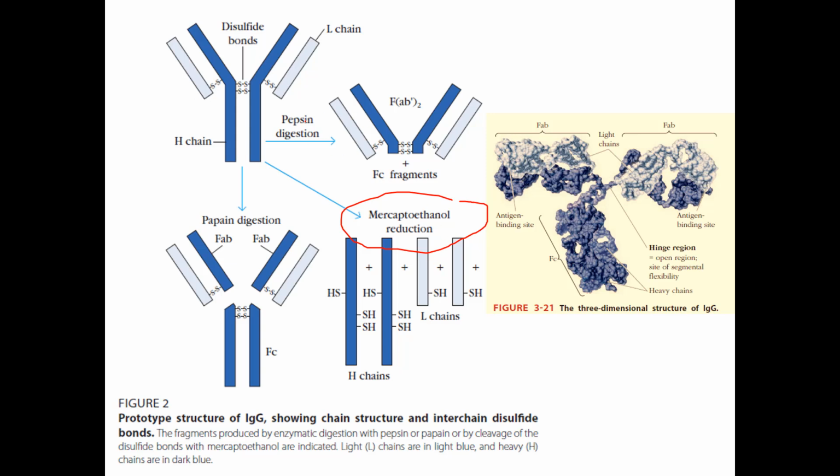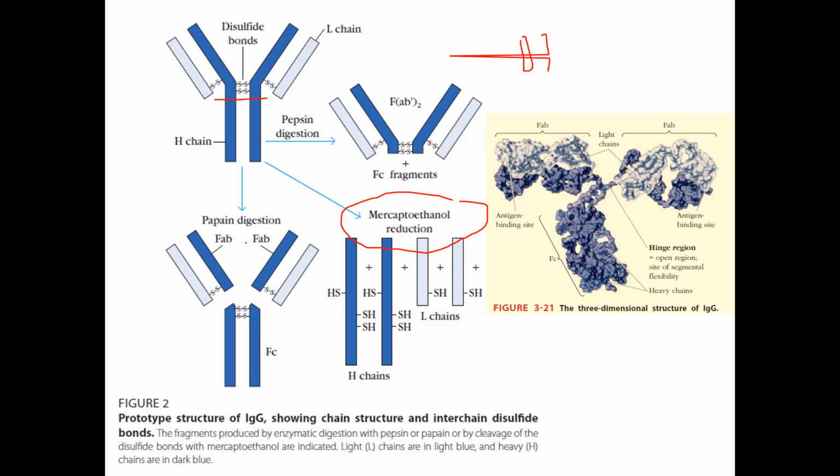But if we perform pepsin digestion, pepsin is an enzyme which cleaves after the disulfide bonds. So we'll get this kind of structure which is called the F(ab')2, in which the variable regions of the heavy chain and the light chain are joined together like this, and we will get individual Fc fragments.